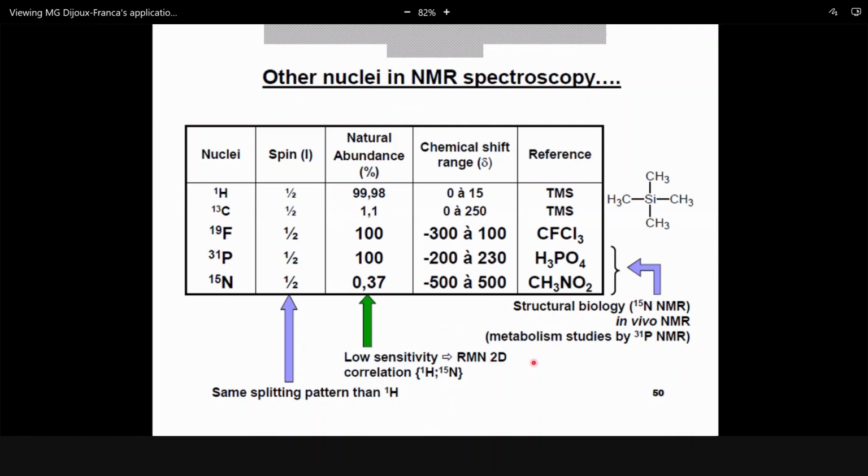This is just to conclude and show you that it depends on the nucleus we observe.